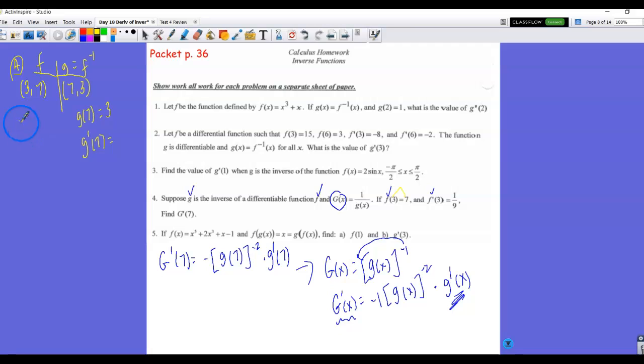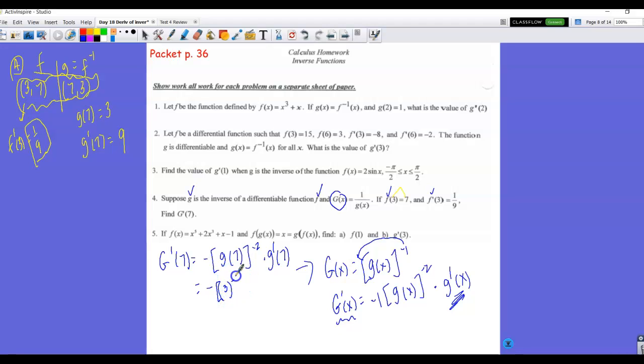I also know over here that f prime of 3, that's good, is 1/9. And I know these are partner points. And so partner points on inverse functions have reciprocal slopes. So if the slope on the original is 1/9, then on the partner the slope would be the reciprocal of that, 9. So I can use all that information to go back to big G. So I'm down here. So the opposite of, so we'll begin with g of 7 is 3.